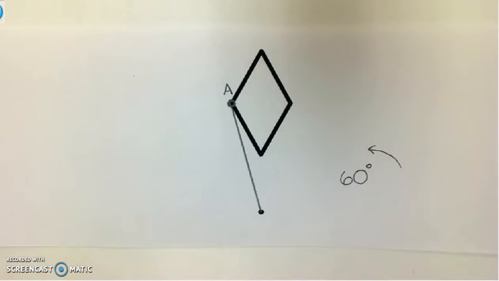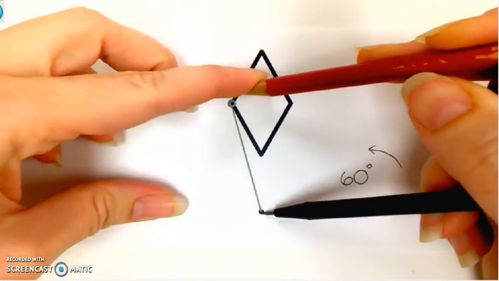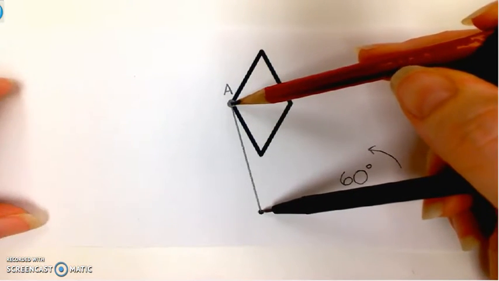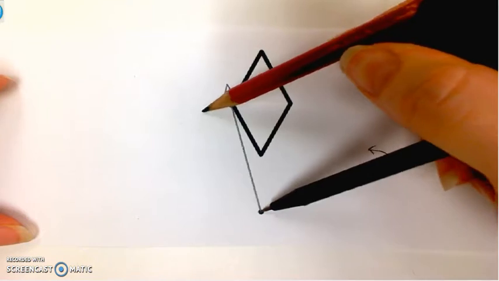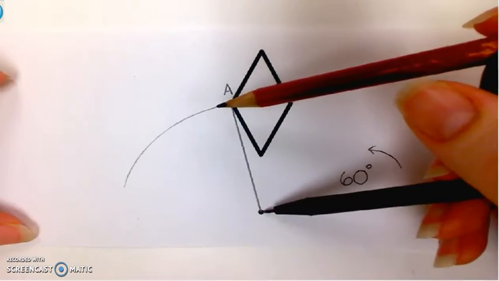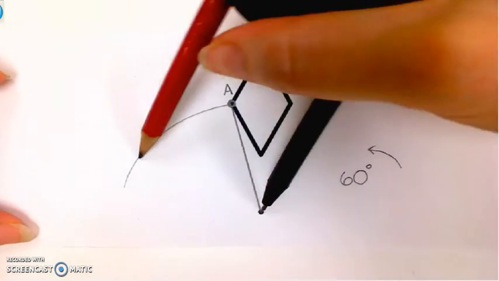Some people might want to use a compass to picture that rotation. This might help you just visualize it even if you don't use one. But point A, if we rotate that, is going to rotate somewhere over here. Somewhere over here.